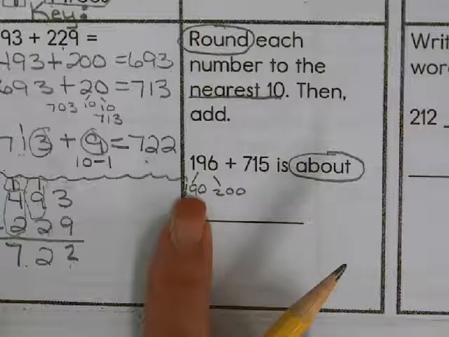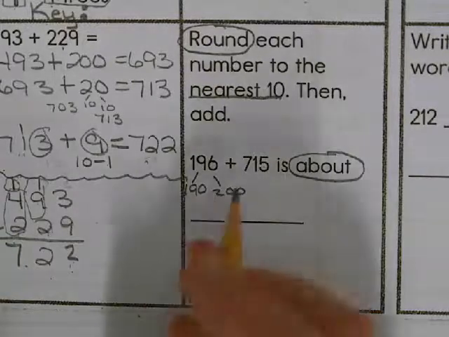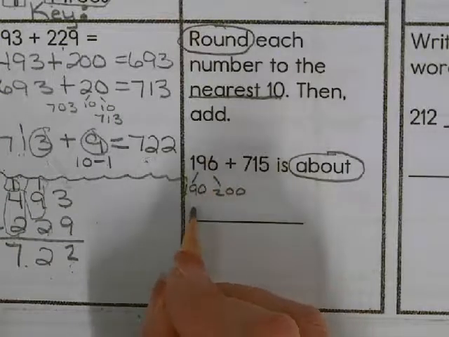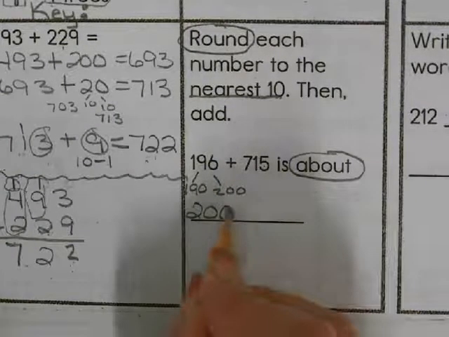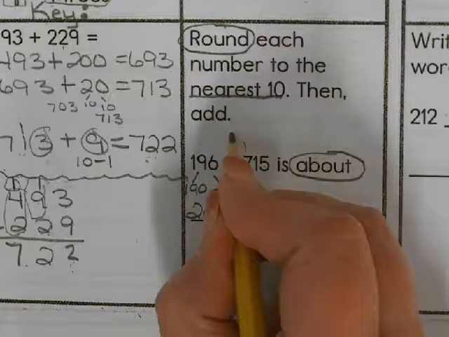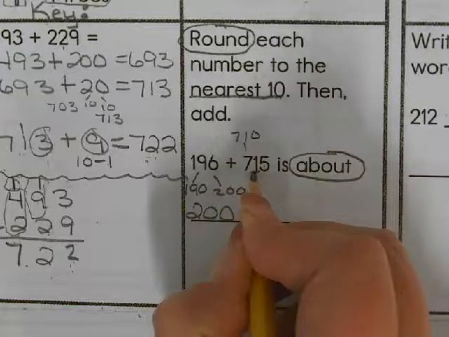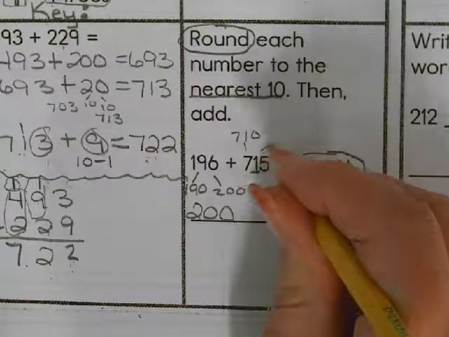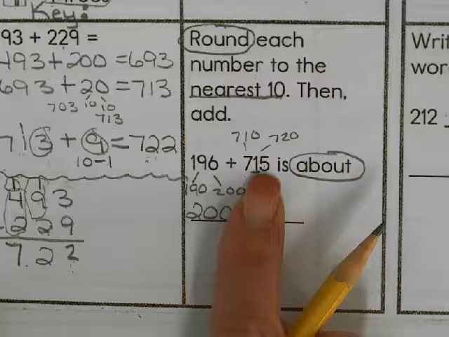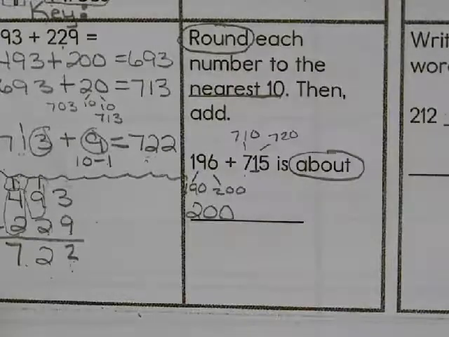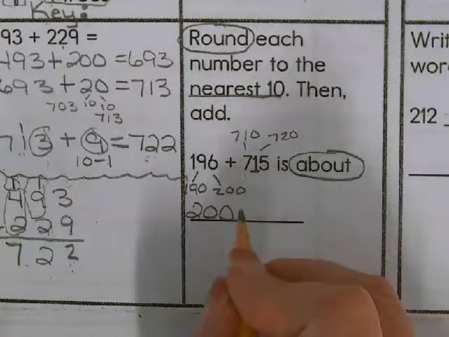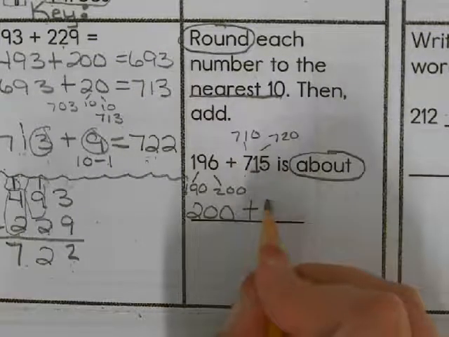Remember, 195 is right in the middle, and since it's right in the middle, we're going to round up. 715, the two tens that it's between are 710, because we look at the tens place, and 720. Remember, 15 is right in the middle. So our rule, if it's right in the middle, is to, yep, you guessed it, round up to 720.